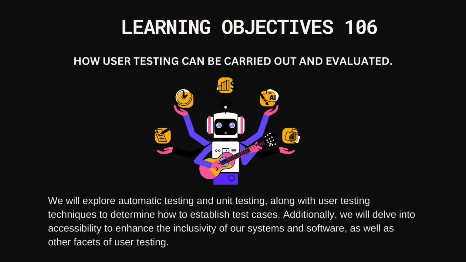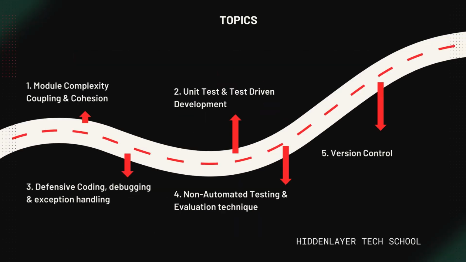If you don't understand anything or if something is going over your head, don't worry, these are just objectives, and we'll walk you through each of those. So extracted from those objectives, this course is divided into five topics, and those are module complexity, coupling and cohesion, unit tests and test driven development, defensive coding, debugging and exception handling, non-automated testing and evaluated technique, version control and project management.